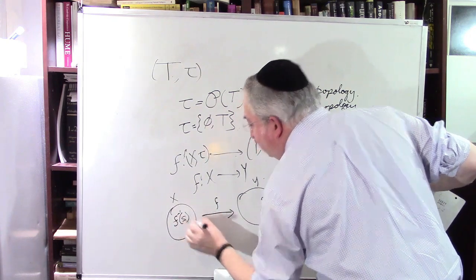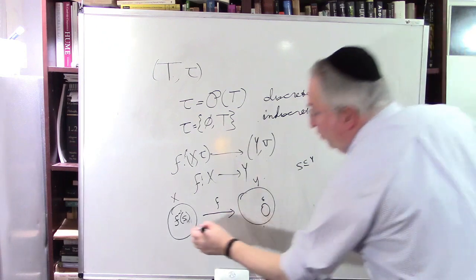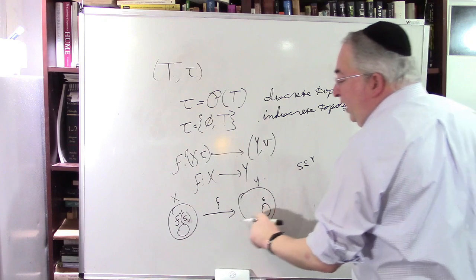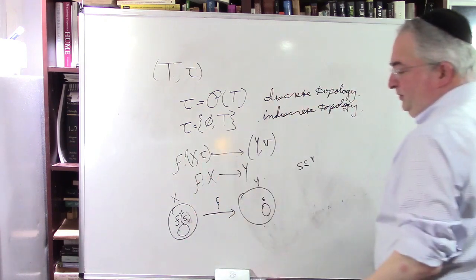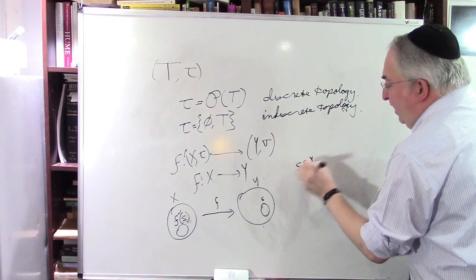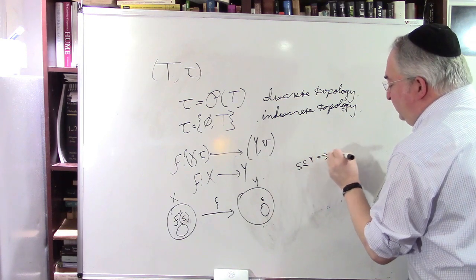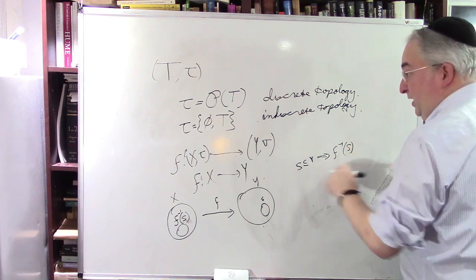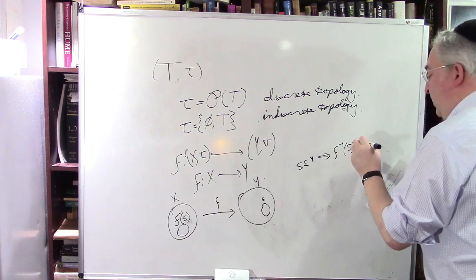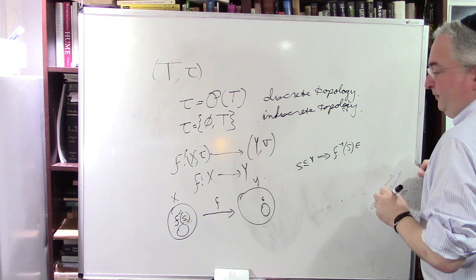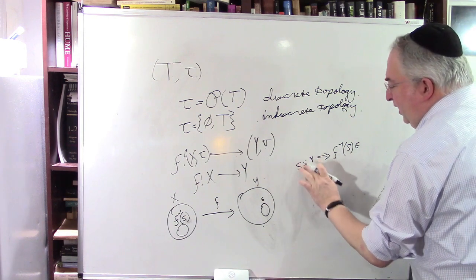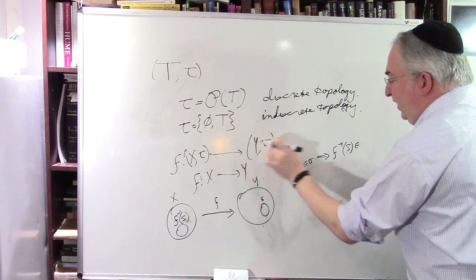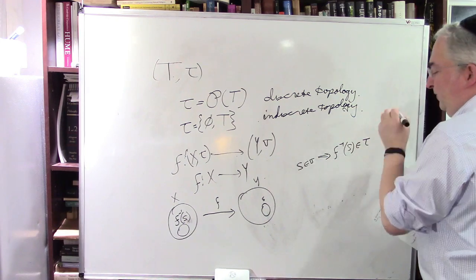In other words, those things that go to this open set, if you look at that, that's also an open set. So what we say is, if s is an element of sigma, that implies that f inverse of s is an element of tau.